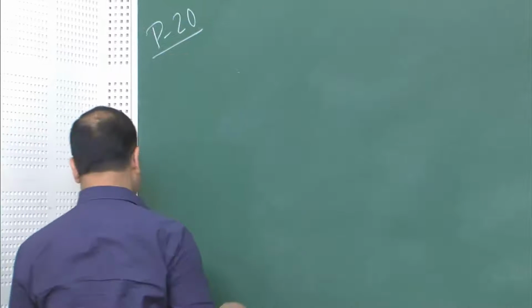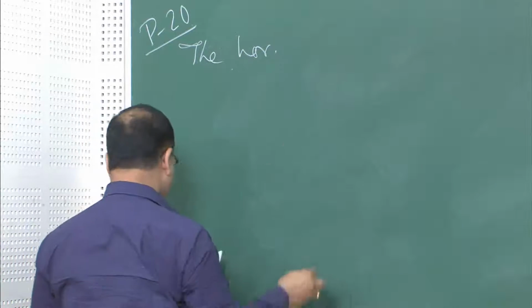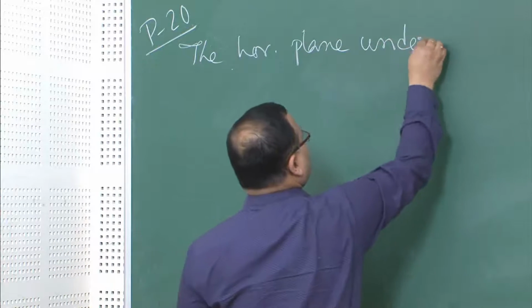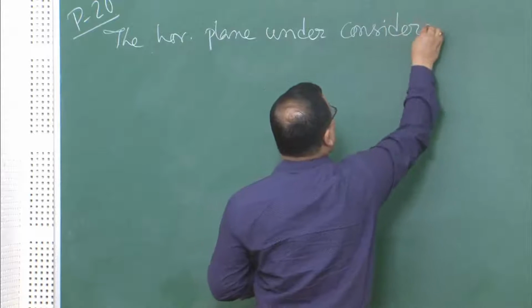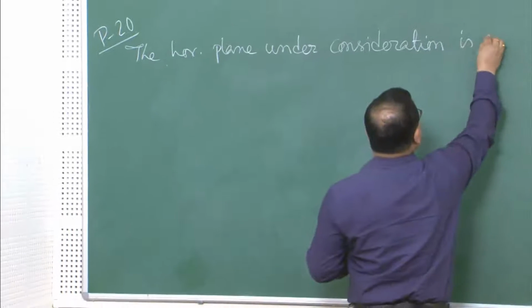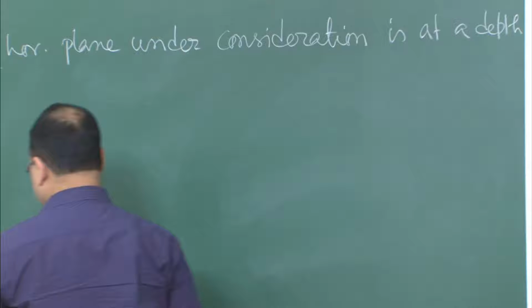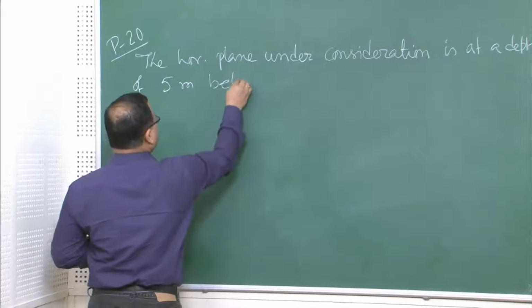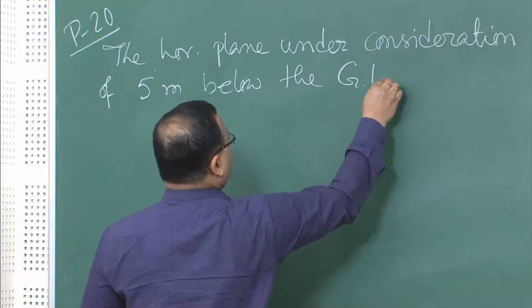Problem 20. The horizontal plane under consideration is at a depth of 5 meter below the ground level.